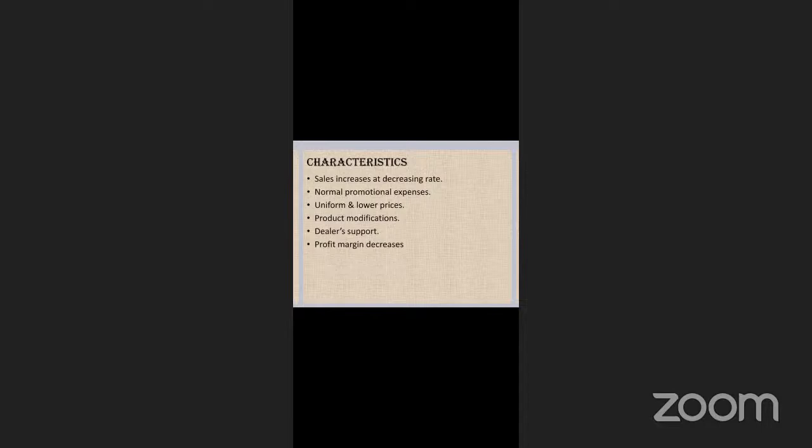Even though we are offering products at lower prices, people are not coming to buy our product, except the very loyal customers. At this stage, product modifications take place, and they ask for dealer support to persuade customers to buy the product, and the profit margin also decreases slowly at this stage.